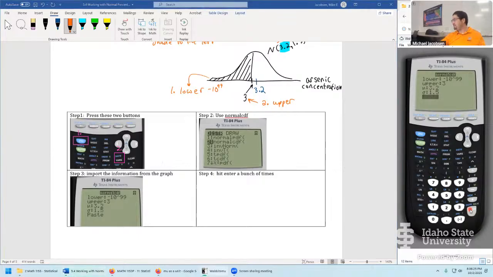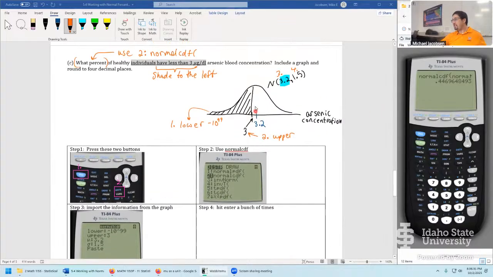So here it goes. Enter, enter, and that's the value we want. Notice if this 3 was right at 3.2, area to the left is exactly 50%. So the fact that it's just a little bit less than 50%, that feels accurate. It seems like it's in the right ballpark.